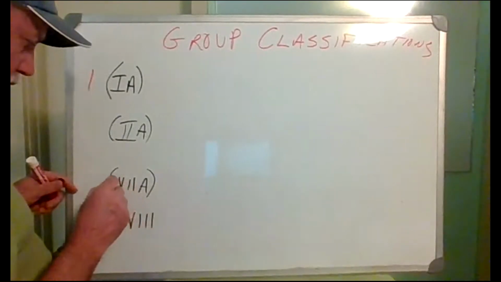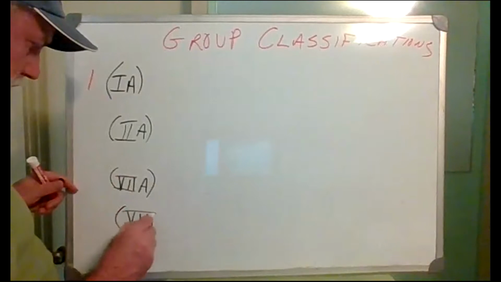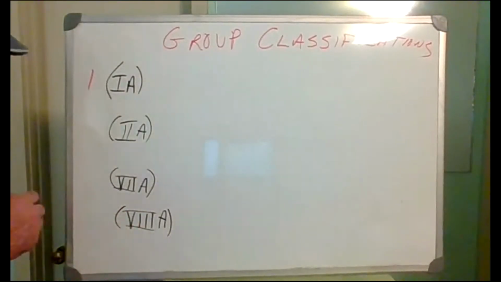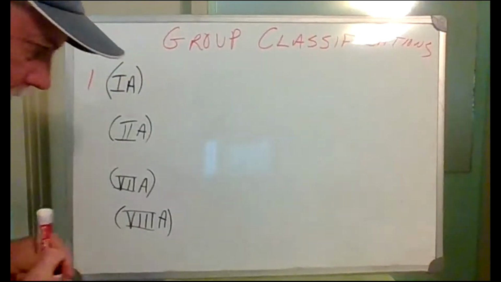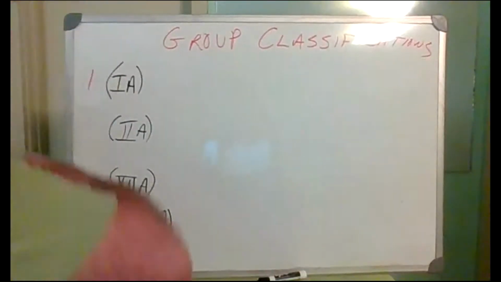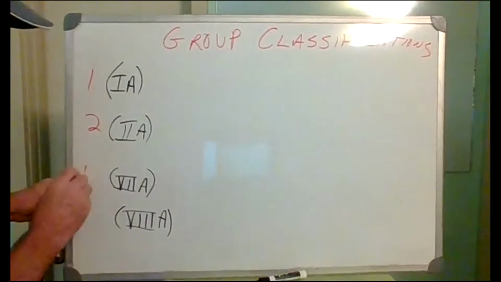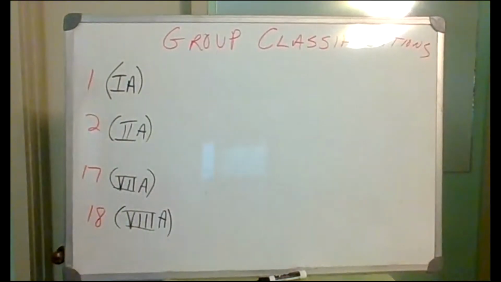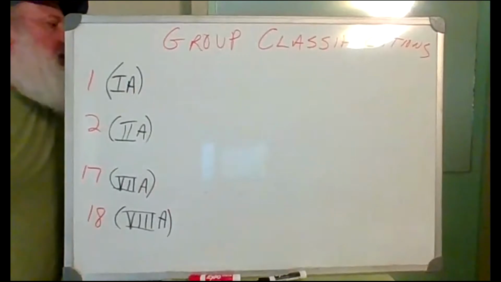Does everybody know their Roman numerals? So this is group 2, group 17, and group 18.